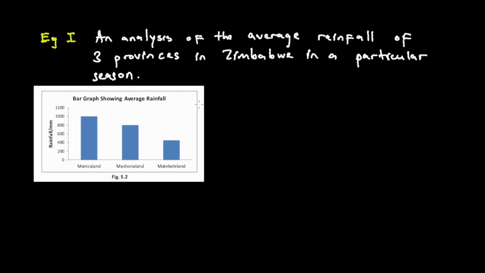Saka kumsoro kuno tinonyora a title. Saka this is a title. The title of our graph, bar graph showing average rainfall. Then kana takuchida kuchi display our graph, we are going to be using a Cartesian plane, 2 axes like this.